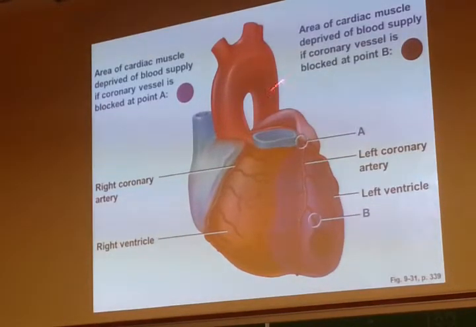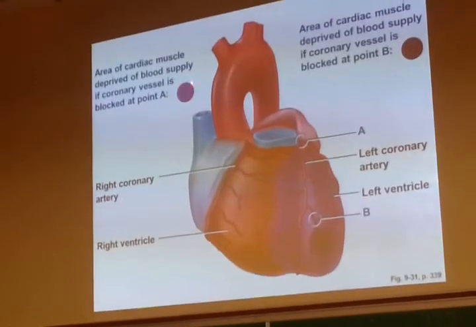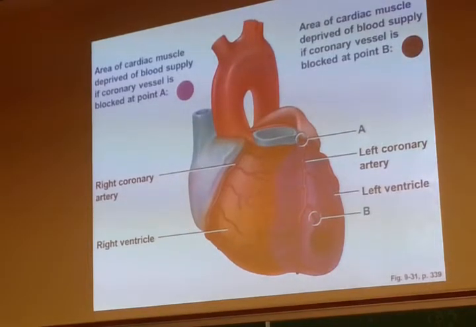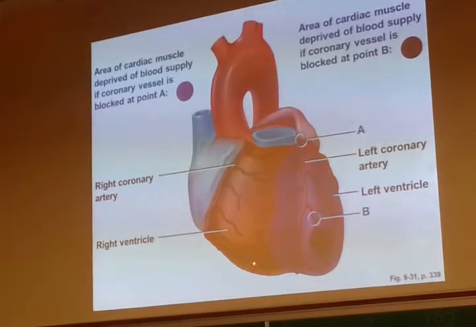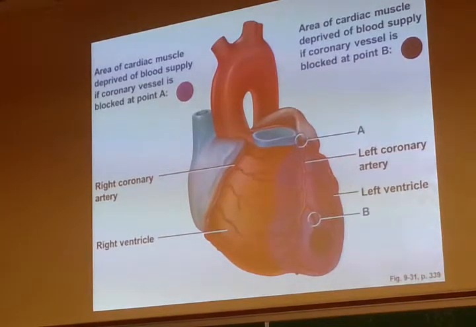So here we've got the heart, got our coronary arteries, we've got an area of blood being blocked out here. If it's in one of the branches to a very small part of the heart, then you've got a limited effect on the heart.